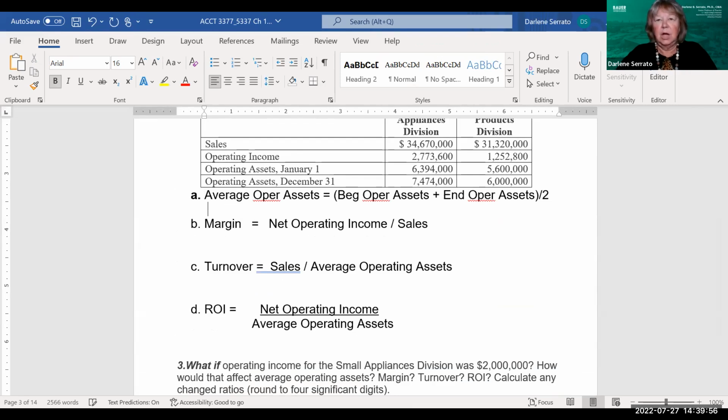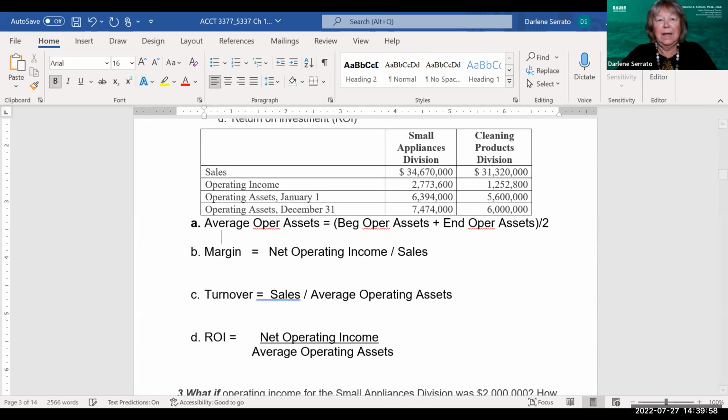So average operating assets will be 5,006,000 (5,600,000 plus 6 million) divided by 2, and that should give us 5,800,000.